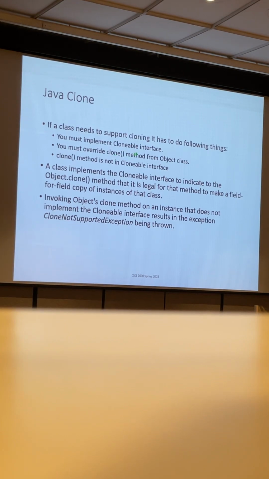All right, and this Cloneable interface is just used to help the compiler see which classes declare that they support cloning versus all the other classes, because we know that all classes will have the clone method. So the compiler cannot tell which class really supports cloning by looking at the methods, because all classes will have clone.